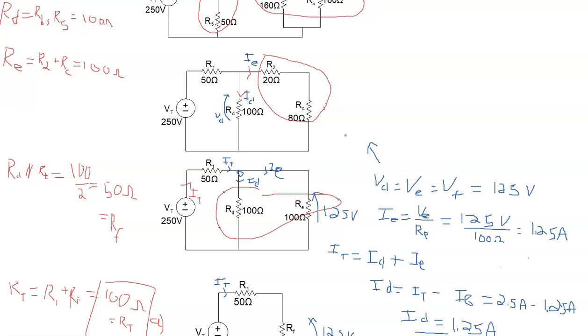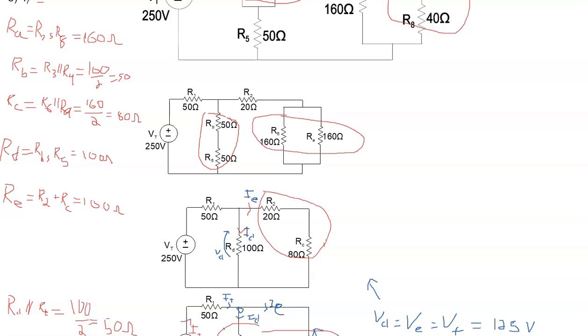And so what we want to do is say that in this circuit up here, IB is equal to I5 in this branch right here, and that because RB and R5 came from RD, that is equal to ID.